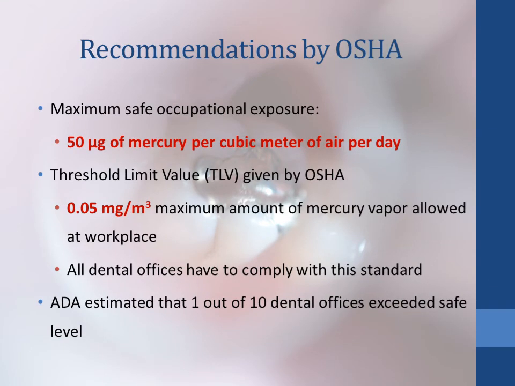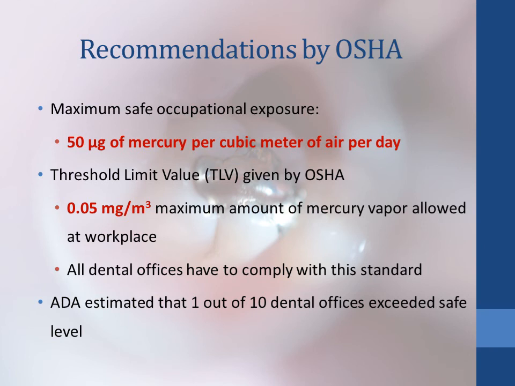Now, OSHA recommends that the maximum safe occupational exposure is 50 micrograms of mercury per cubic meter of air per day. This value is very important, and it's usually asked in the viva: what is the maximum safe exposure or allowed amount.